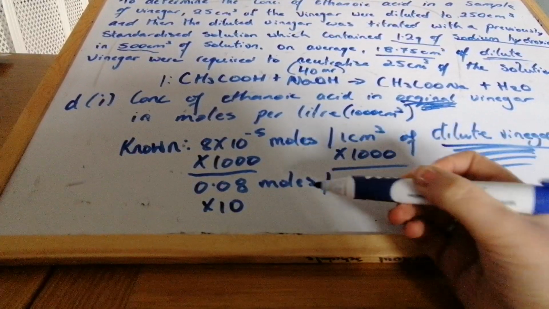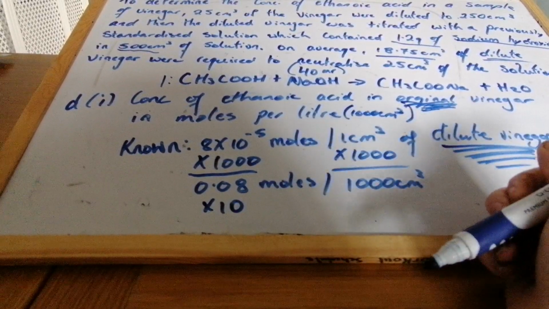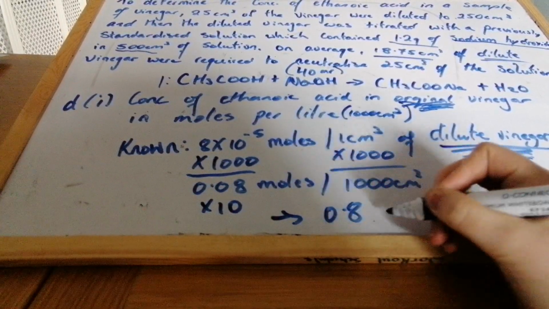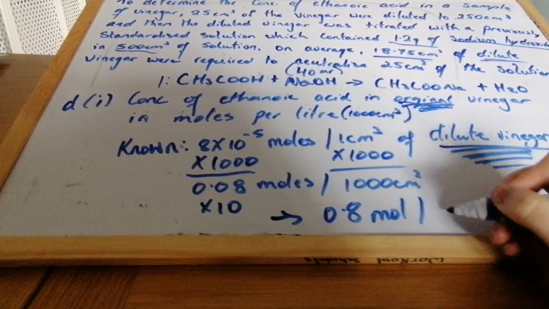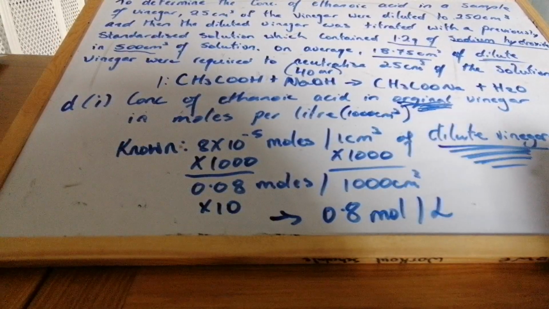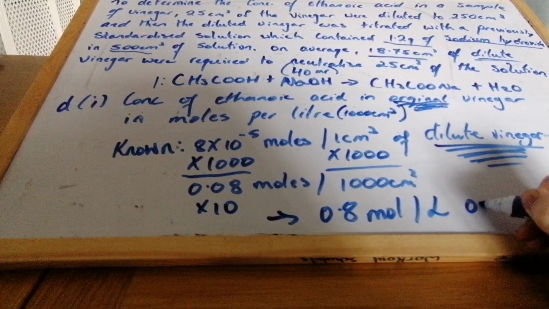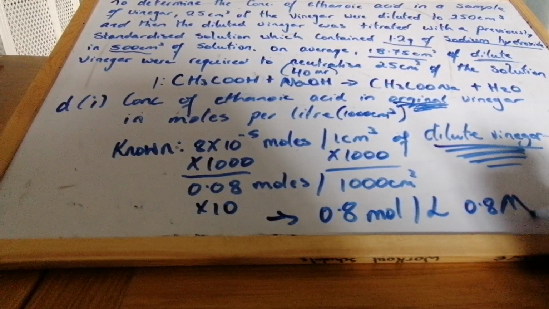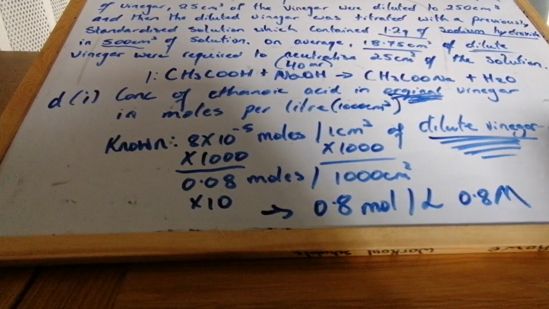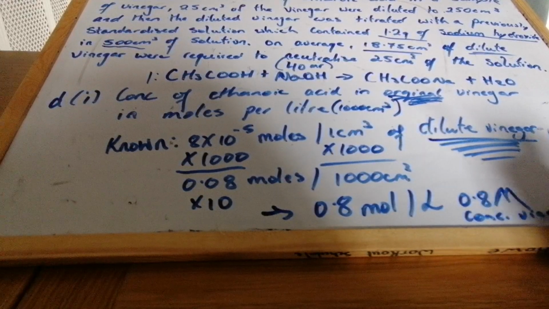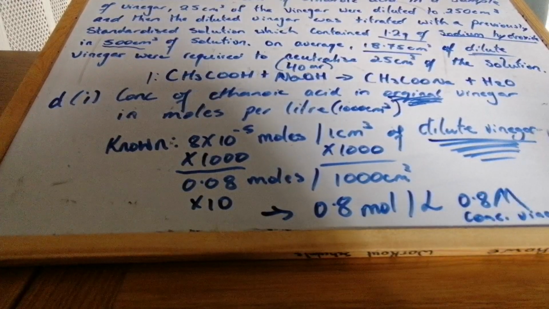Okay, and it's the concentration you want to multiply here. So that will give me 0.8 moles per litre, or 1000 centimetres cubed, whatever way you prefer to write it, or you could say 0.8 capital M, which also indicates molarity of the concentrated vinegar. Okay.